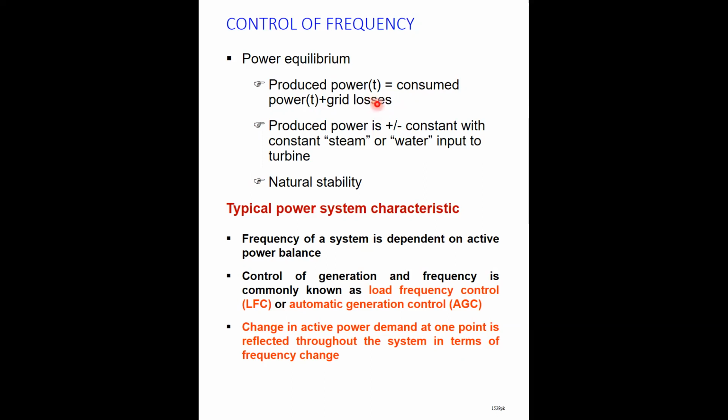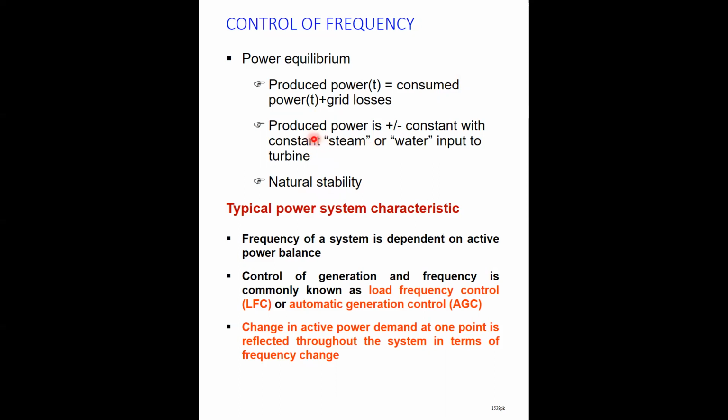Now, in fact, the power which is produced could be around a constant value. So you may have a constant steam inlet, or constant steam flow, or water flow to the turbine, and that could form some kind of stability, obtained in a natural way.